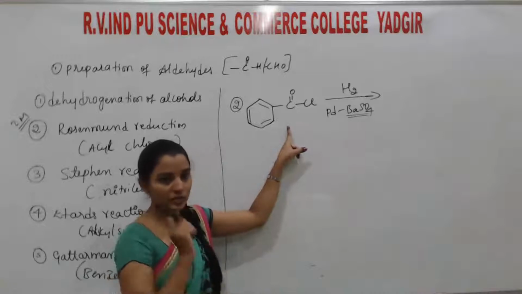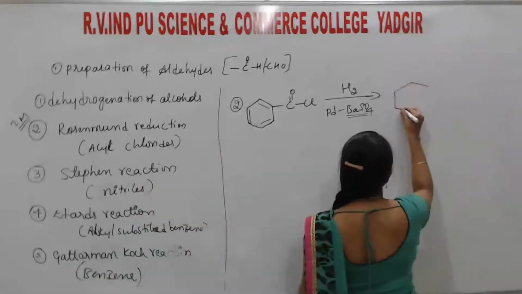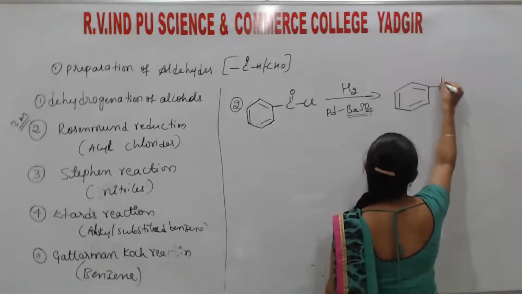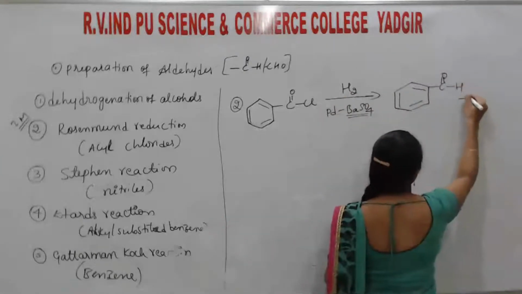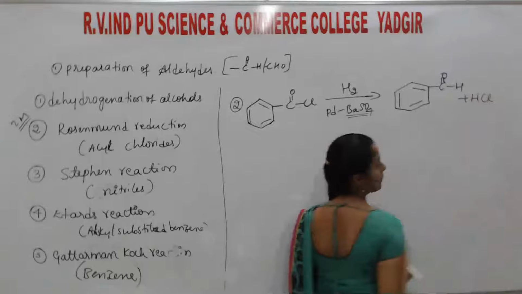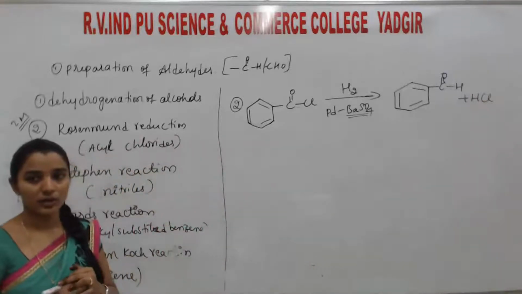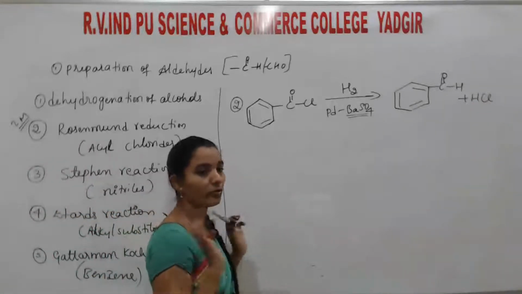Means only one H is replaced here. To get the aldehyde, the benzene R group remains as it is, and the C=O also remains as it is. Here one H is attached and the Cl is removed. This is the reaction that takes place, and it is quite easy. So what is the explanation of this reaction? You have to write that.